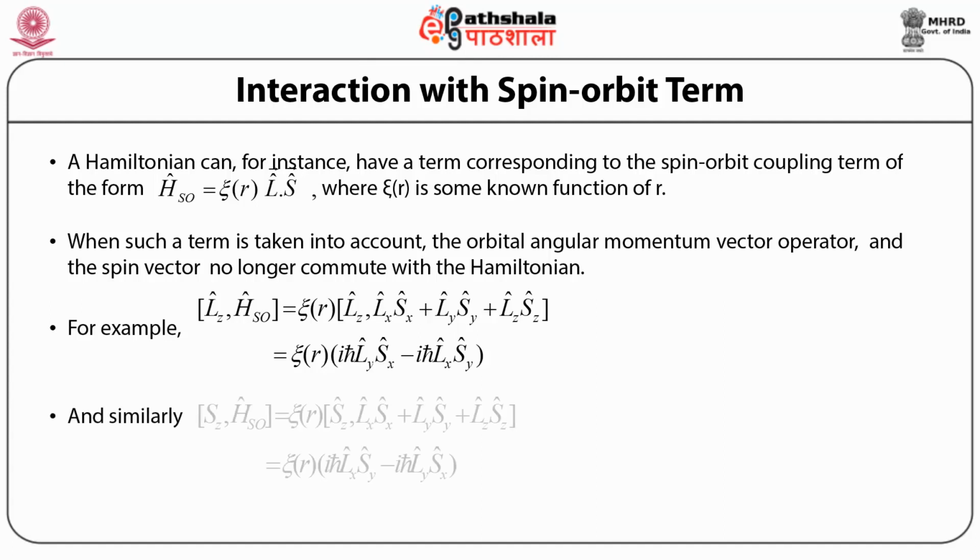And similarly, the commutator of operator Sz with the spin-orbit Hamiltonian operator HSO is equal to xi of r into the commutator of operator Sz with operator LxSx plus LySy plus LzSz, which equals xi of r into within the brackets iota h cut into operator Ly operator Sx minus iota h cut operator Lx operator Sy, brackets close, which can be simplified to obtain xi of r into iota h cut operator Lx operator Sy minus iota h cut operator Ly operator Sx.